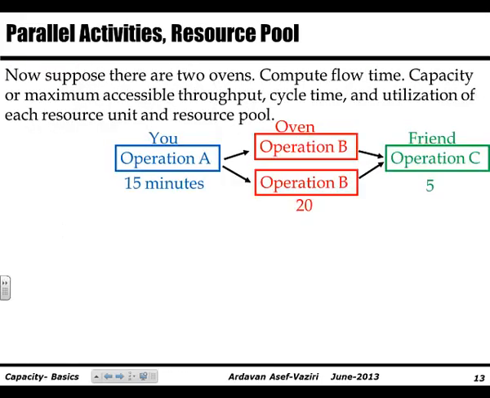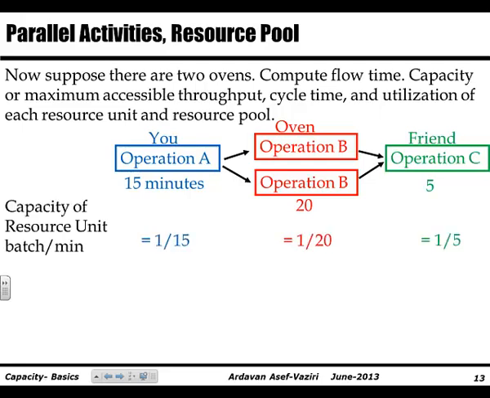So now we have a new process. 15 minutes in operation A, 20 minutes in operation B, 5 minutes in operation C, but we doubled capacity of operation B. Capacity of each resource unit is 1/15 per minute, 1/20 per minute, 1/5 per minute.